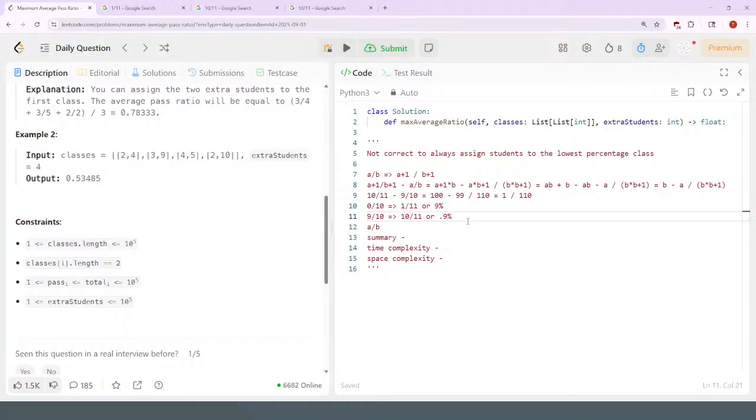Okay, so it's not actually identical. So the closer to 0 it is, the bigger the gain.